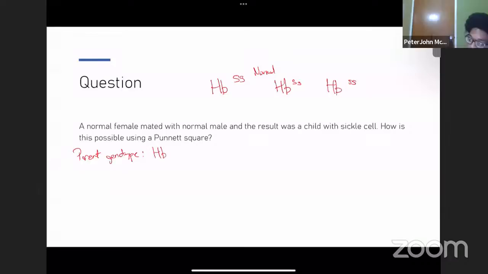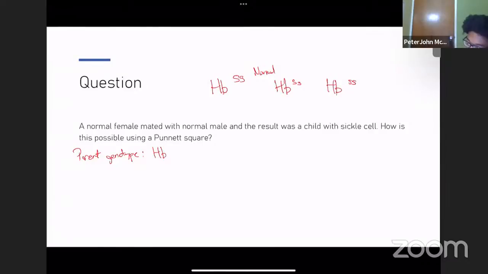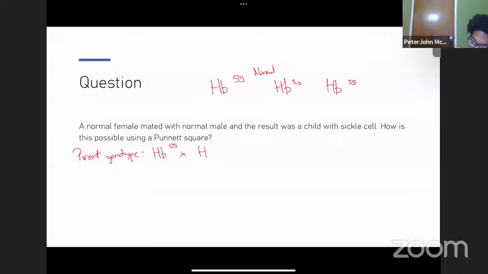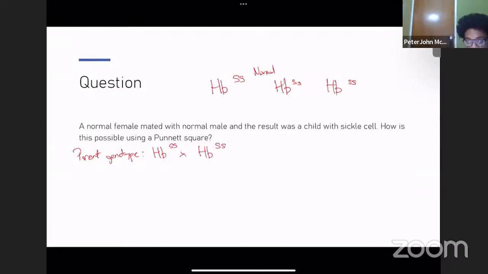And then for the female, HB capital S small s. The first one is two capital S's. The next one is capital S small s. All right. What else could the male's genotype be?